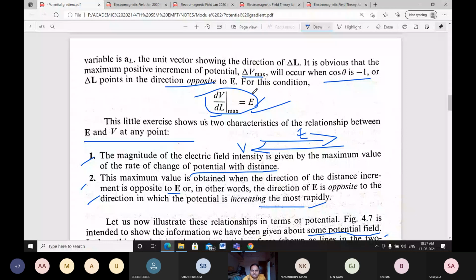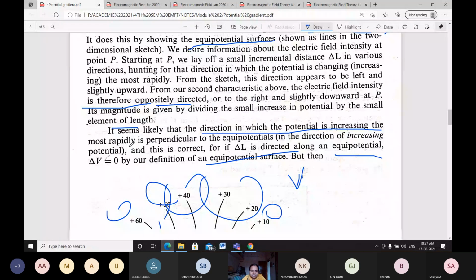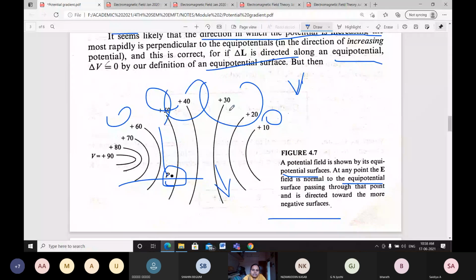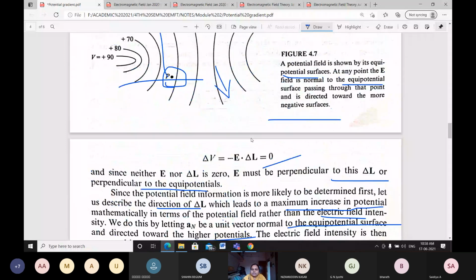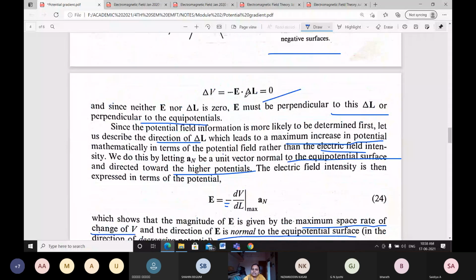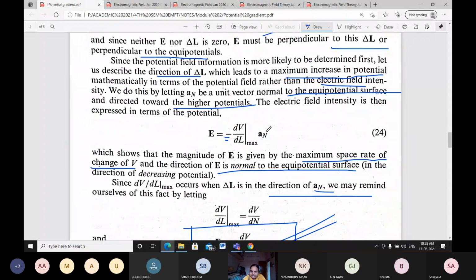Then these two points about E and V. Then draw the diagram for the equipotential surface, where delta V is equal to 0; 4 to 5 lines are enough. Next write the equation delta V equals minus E dot delta L equals 0. Then for the equipotential surface, a normal direction an is taken.